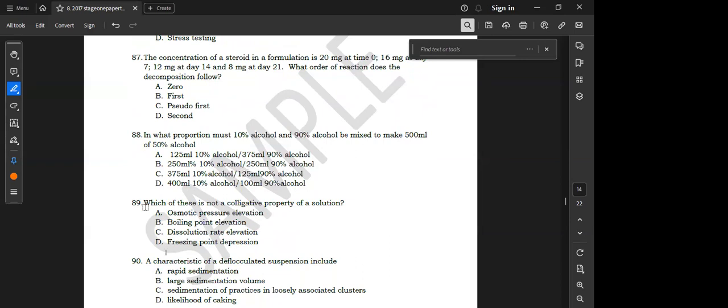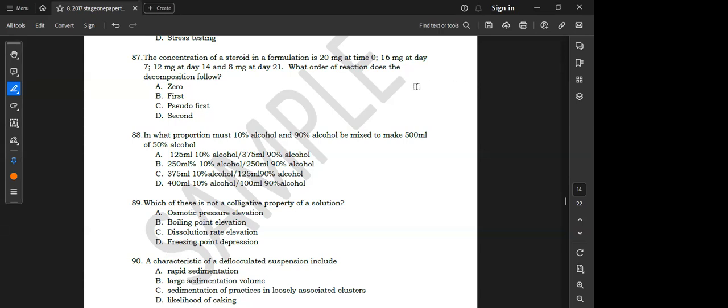Okay, B. The concentration of a steroid in a formulation is 20 milligram at time 0. Oh, it's 0 and 16.